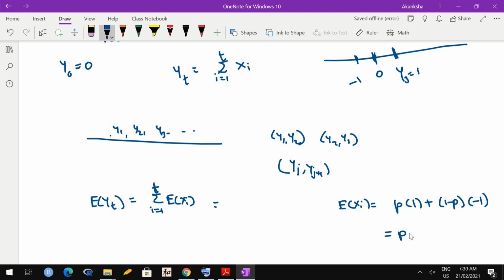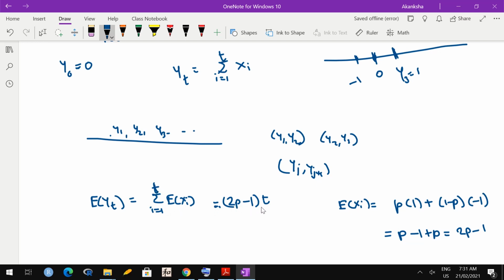So this becomes p minus 1 plus p, so it is 2p minus 1, correct? 2p minus 1 is the expectation. So if in particular I have a symmetric random walk, then p is half, so this expectation becomes 0. So in general, the expectation of Yt is 2p minus 1, of course 2p minus 1 into t, because you have a sum over i going from 1 to t.